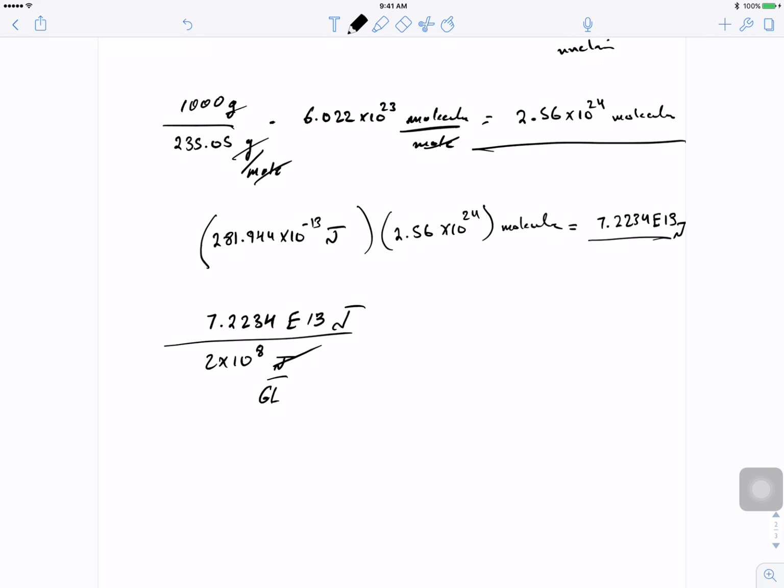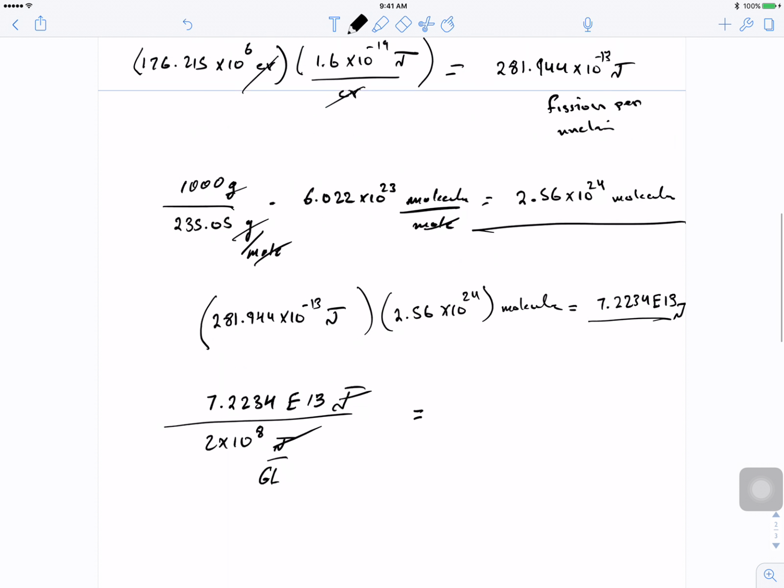The joules cancel out, and for this I got, let me do the math, 7.2234 e13 divided by 2e8, which is 361,171.40 gallons.